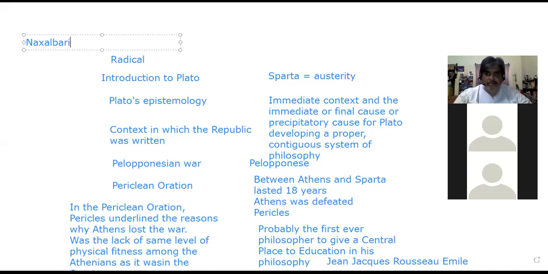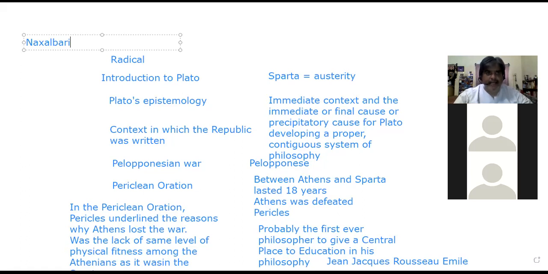But that is not the true meaning of radical. Radical basically means something which is very different and probably against, need not always be against, established ideas or norms.